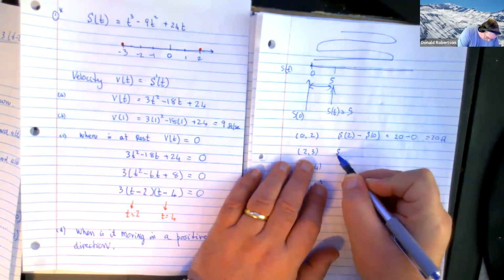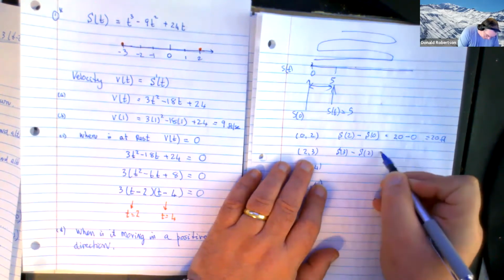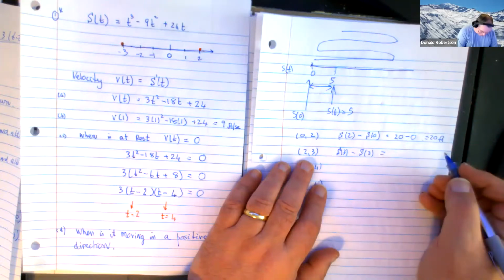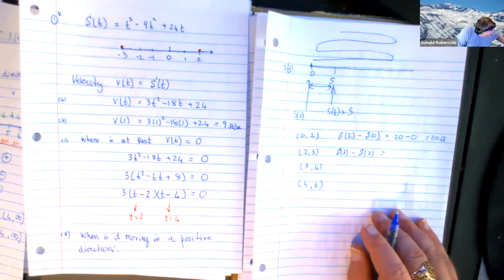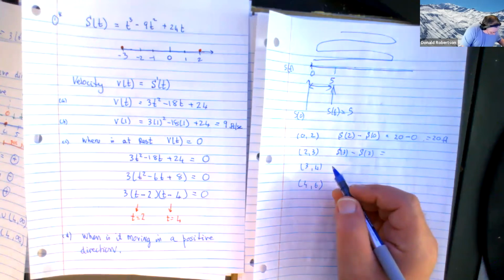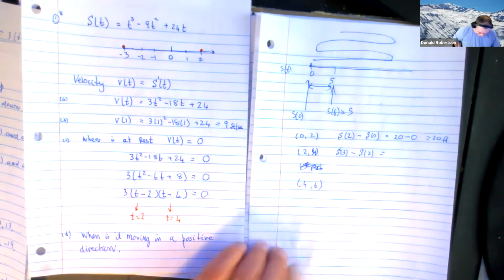If you want to know how far you travel from the 2 to the 3 second mark, at the 3 second mark, was it 3 or 4? My apologies. Two to 4.